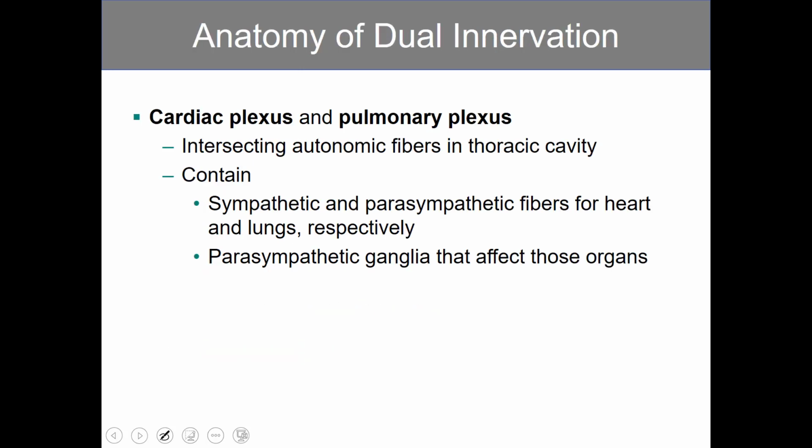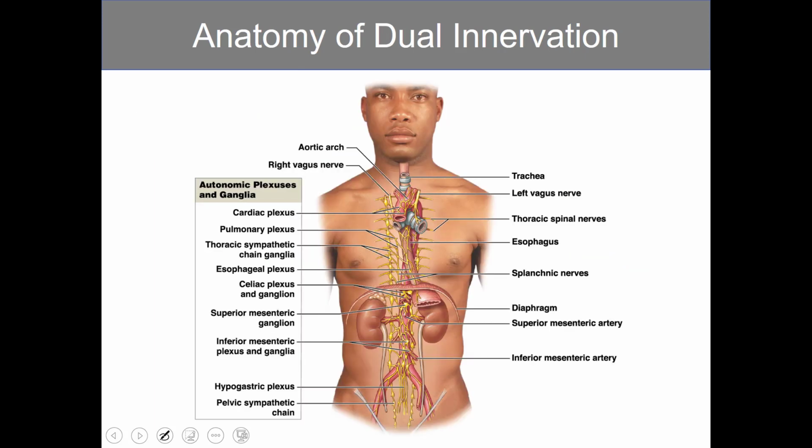The cardiac and the pulmonary have intersecting autonomic fibers within the thoracic cavity containing both sympathetic and parasympathetic fibers for the heart and the lungs. If we look at the actual anatomy, we can see the cardiac plexus right here above where the heart would be, and the pulmonary plexus right here where the lungs would be.